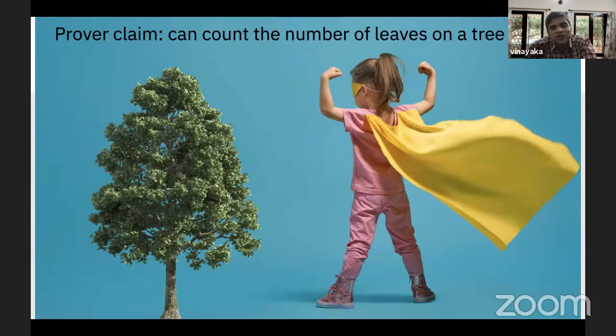In that case, how would I do it? That's a good answer, but from an information revealing point of view, it reveals information that I don't want to reveal. I only want to convince you that I have this power. And you would like to know whether that particular stem has 100 leaves, but as a prover, I don't want to reveal that. I will give the answer, but you guys think about it offline as well.